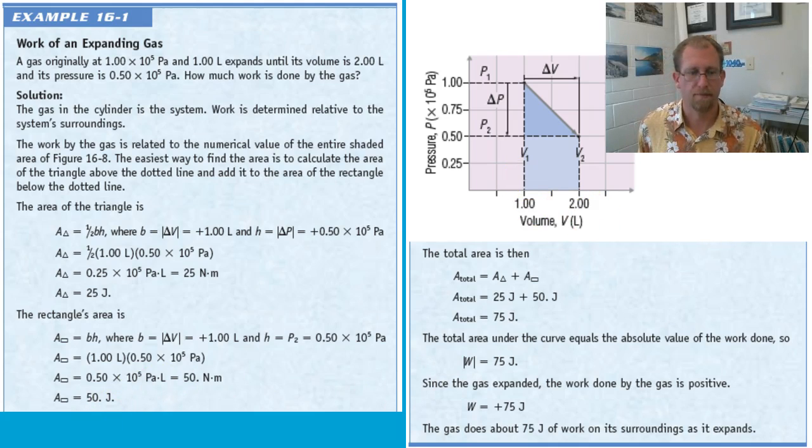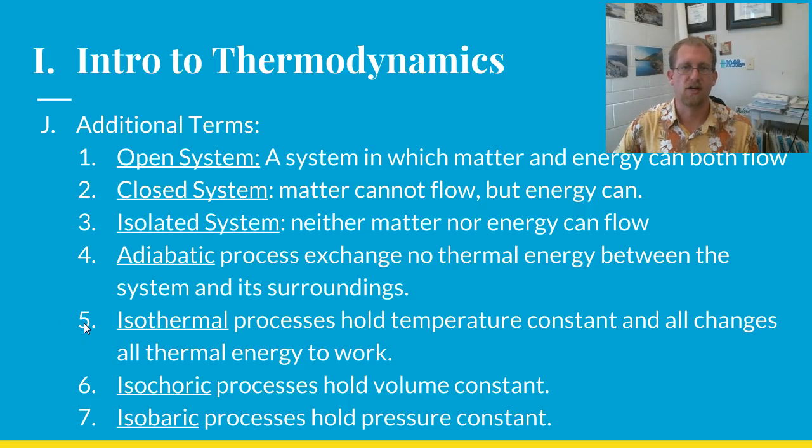Okay, moving on. This last slide is just a combination of a whole bunch of vocabulary words at the end of 16A that you need to be able to understand the questions that are going to be thrown at you. So the first three terms have to do with the kind of system you're looking at. An open system is a system where you're looking at something, but matter and energy can come in and out of it.